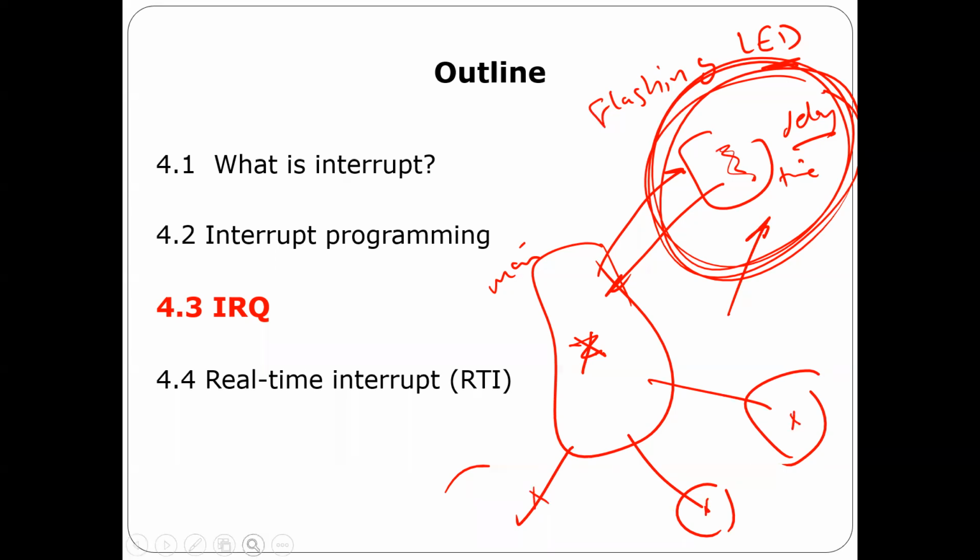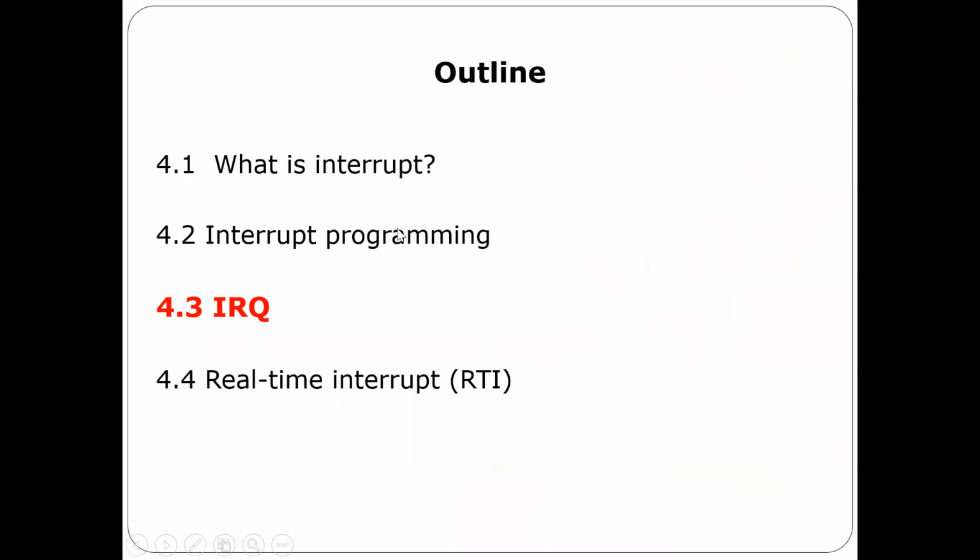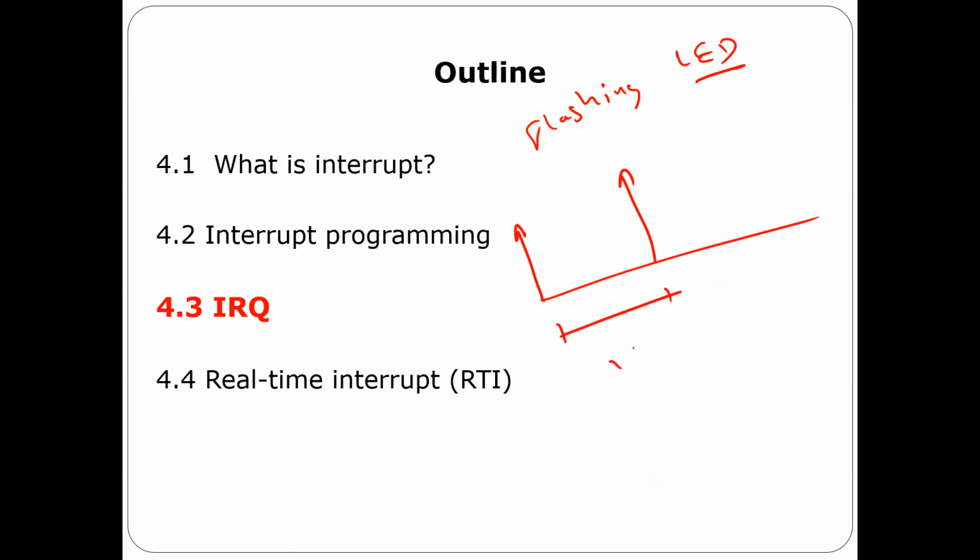I'm going to give you two example applications of how I need periodic interrupts. For example, a flashing LED similar to what I did in chapter 3. All I need is an interrupt every 1 second. In the interrupt subroutine I write one line: flip LED.